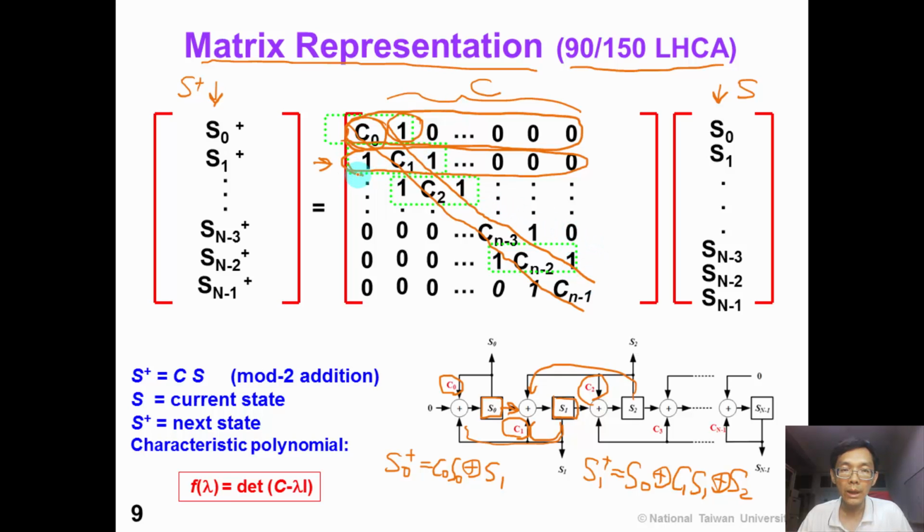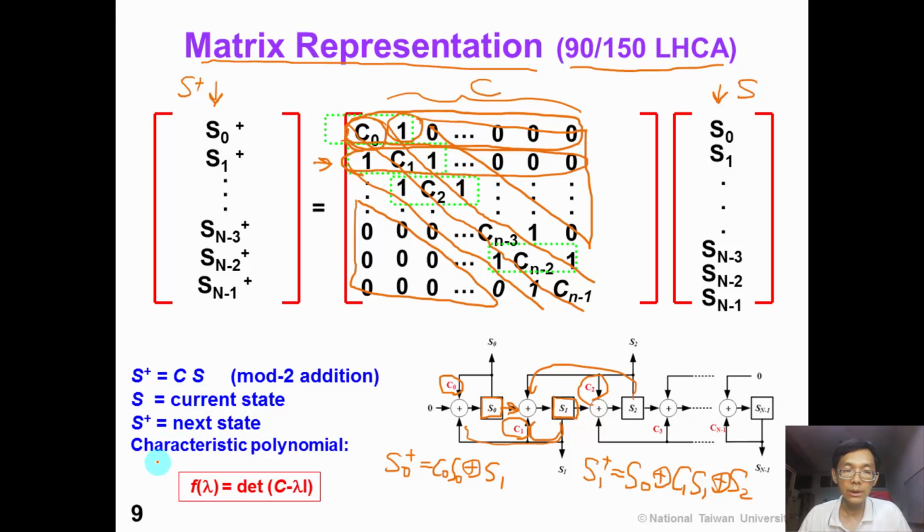Below the diagonal line, we have another diagonal line of 1. The other triangle elements are all zeros. So this is the matrix representation of the cellular automata.